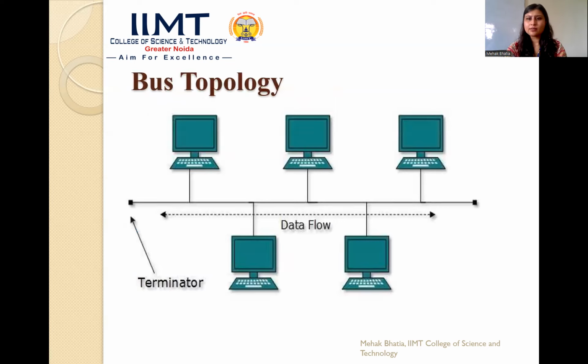A bus topology consists of various devices which are connected in a linear format with each other. As you can see in the diagram, there are 5 devices as an example, and the devices are connected with a main cable, which is known as the backbone cable.